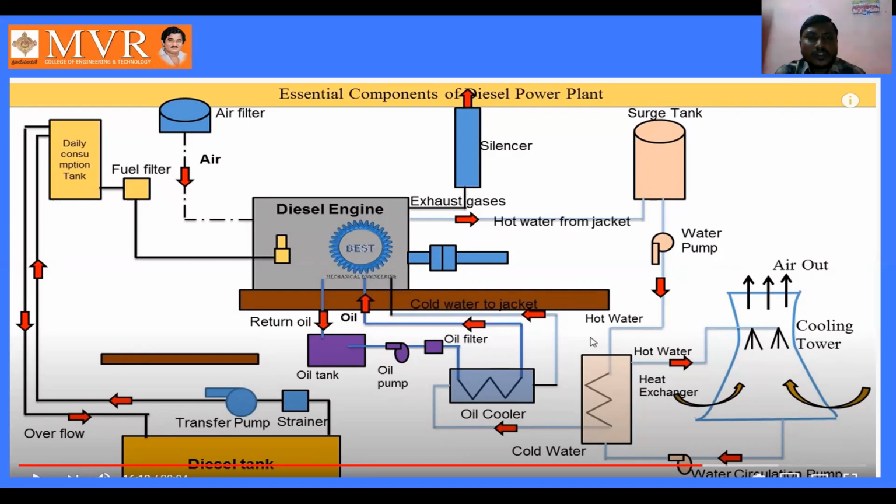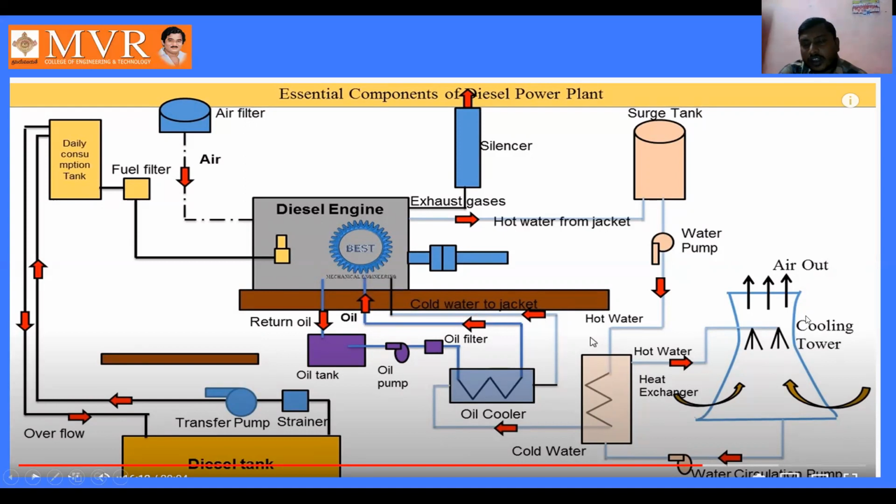Here we are using cold water, sent into the engine cylinder for cooling purposes. The hot water that comes out of the engine cylinder enters the surge tank, and from the heat exchanger the cold water is recirculated into the engine cylinder.